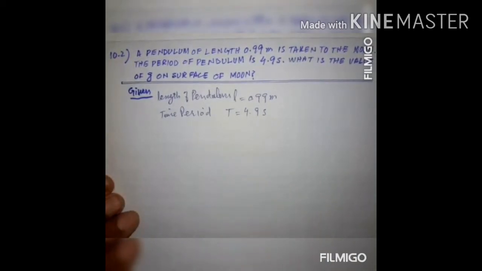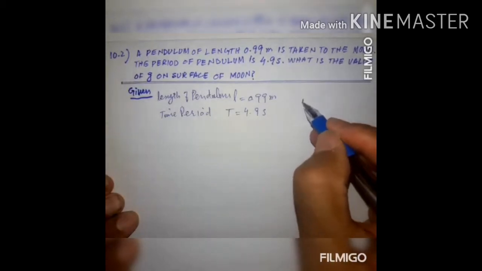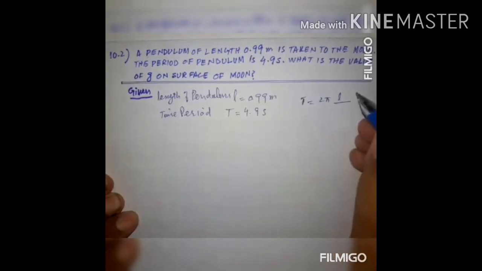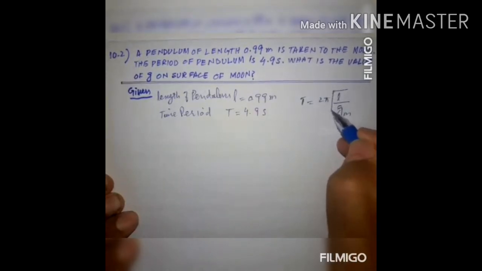Again the formula is the same: T is equal to 2 pi square root of L over gravity at the moon.